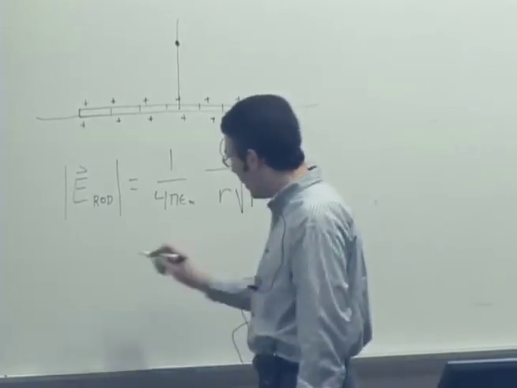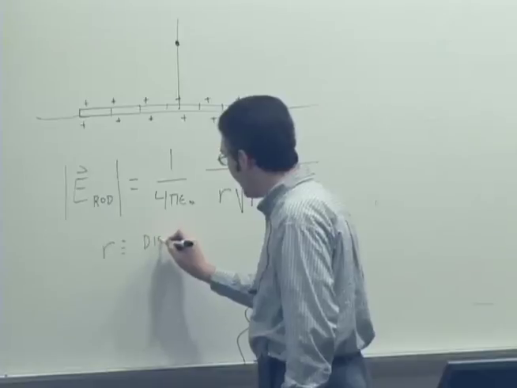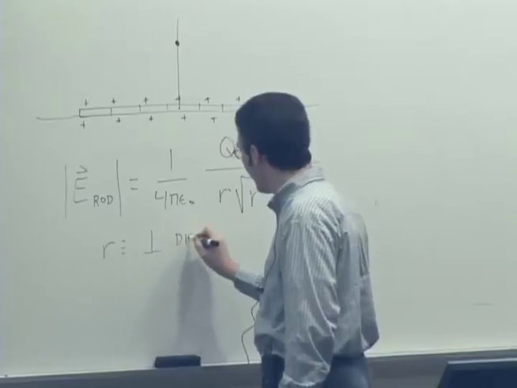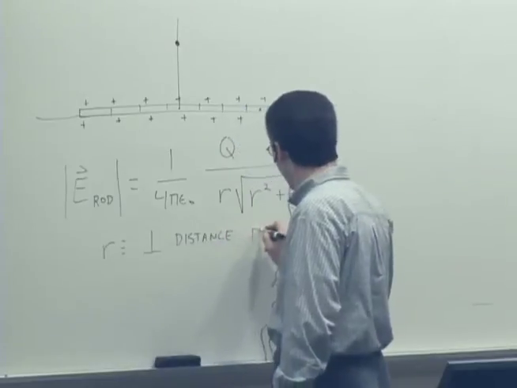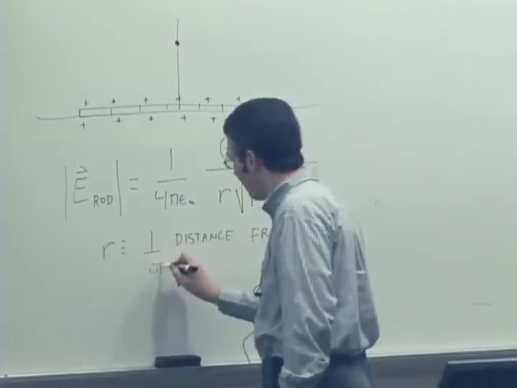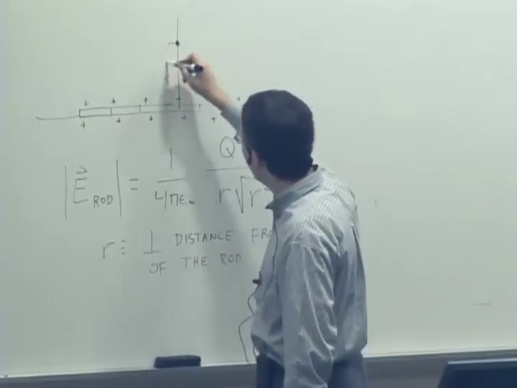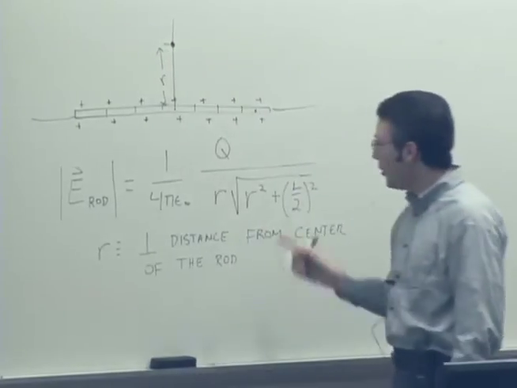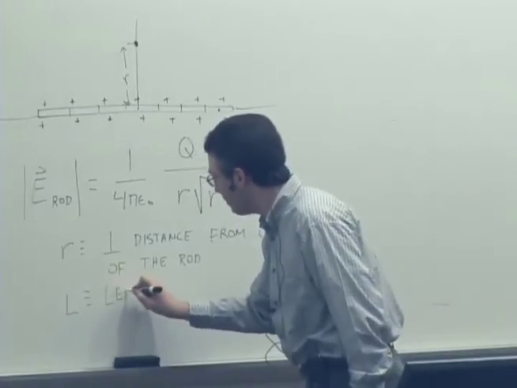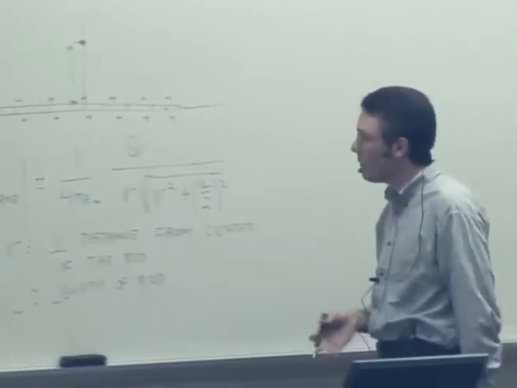Okay, so R here is the perpendicular distance from the center of the rod. So it's a distance away along this perpendicular bisector. Okay. Q is the total charge. L is the length of the rod. Okay. So that's a general result.